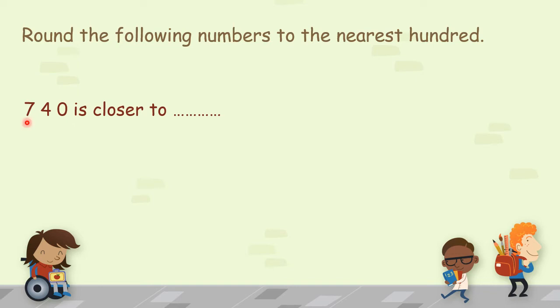So what is the first step? Yes, put a circle around the 100. Look at your tens. If your tens is 0, 1, 2, 3, or 4, then you're going to round down. Excellent, round down. So we are going to go to the 100 before, which is 700.